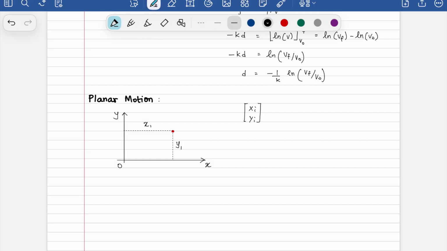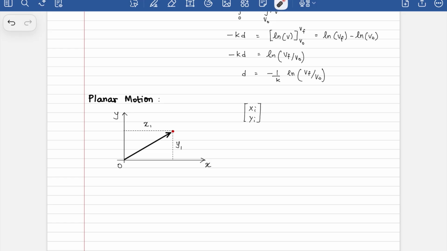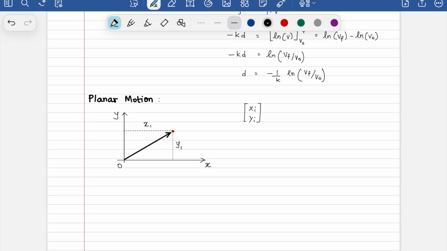So a vector x1 y1 will be defined as this vector here, and some x2 y2 that refers to this point here would be a vector here. Okay, so to be able to talk about this, let's quickly review the idea of vectors.